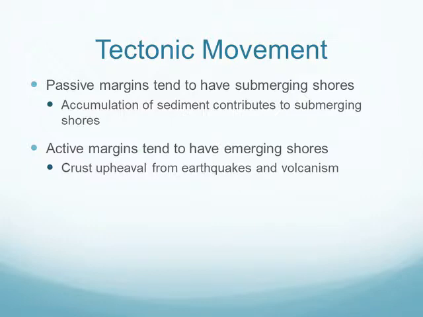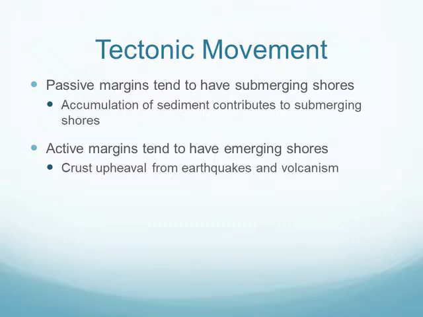All right, let's talk about these three main types. So your tectonic movement, basically you'll have crust movement due to tectonic activity. So you have your passive and active margins. Passive margins tend to have submerging shores because sediment accumulation occurs along the shoreline, and that puts more weight on top of the land, which then submerges it.